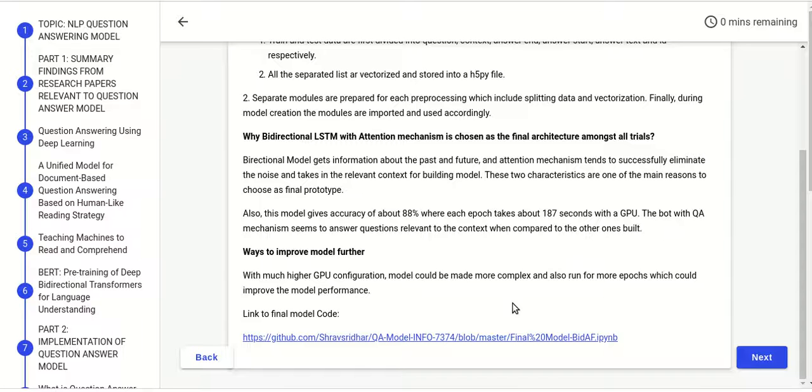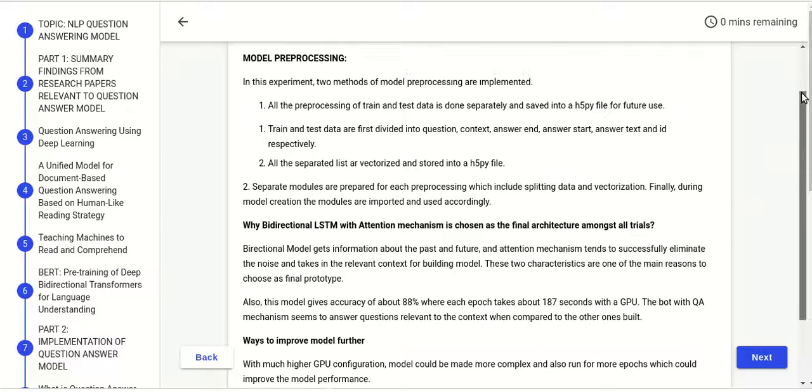But to get perfect answers, because people deploy bots in areas where they want to eliminate customer support or something, answers should be relevant and 100% accurate. So for that, we could possibly have a better system configuration, increase the number of epochs and make a more complex structure, like add one more layer or ensemble it to get better performance.